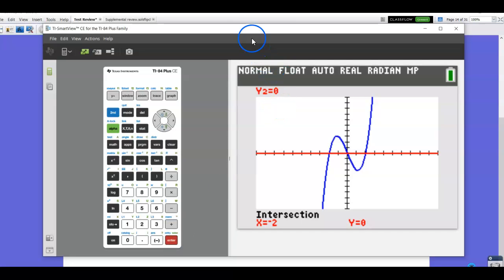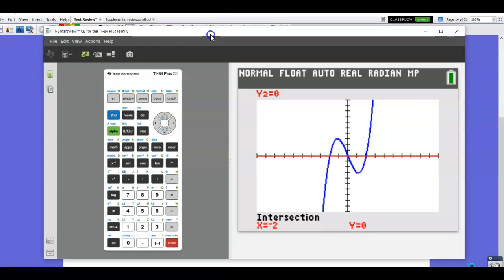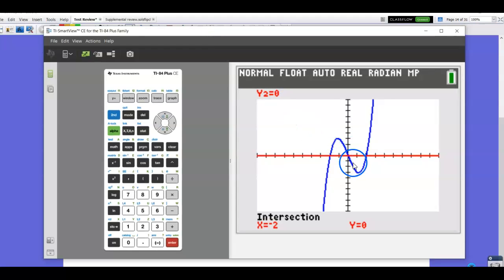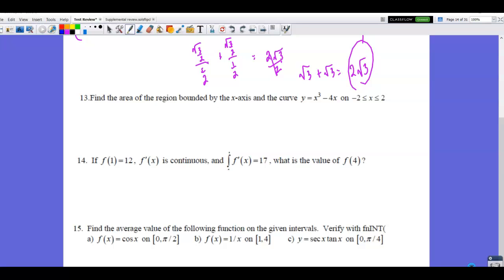Yep. And so the area from -2 to 0, and what I said, so pay attention, even though there's positive area and negative area, this problem is not asking for the net area. So make that distinction in the words. When a problem says find the area, that means get the total.